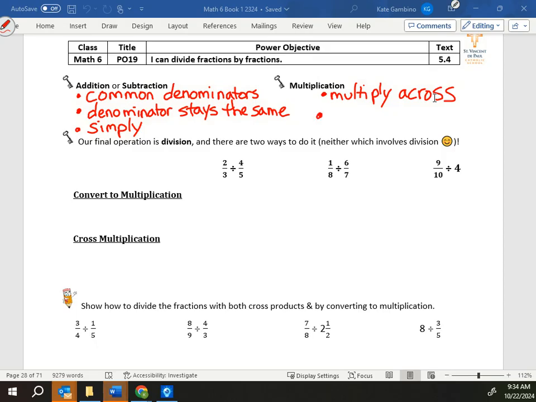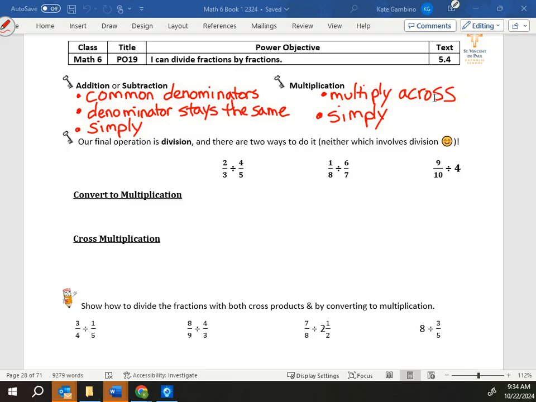And then, like Bennett said, we either simplify in the first place, that cross simplifying, or we simplify at the end. But always look to see, can I simplify? So with fractions, we multiply across, and we're always looking for simplifying, either cross simplifying in the beginning or simplifying at the end. Okay, so those are big reminders.